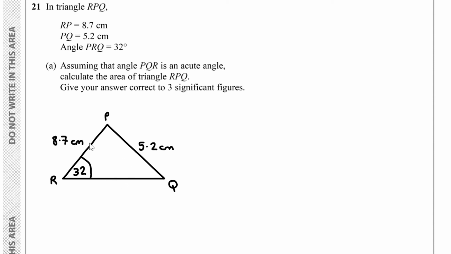This is because we can use the sine rule. We have a length and an angle opposite it, and we have a length and an angle opposite it. So, if we use the sine rule, we have sine Q over 8.7 equal to the sine of 32 over 5.2.